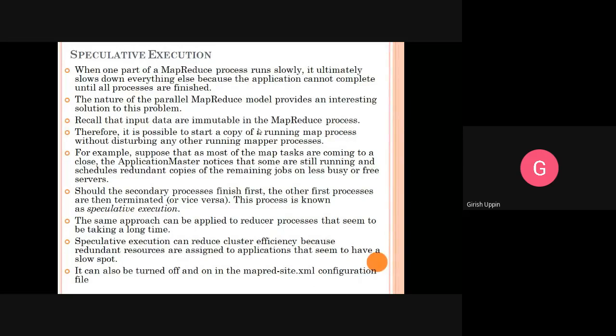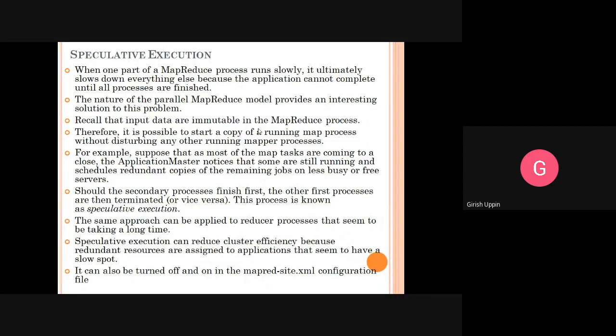The solution used here is, if we find certain processes running slow, we can always start another redundant process which is exactly similar to the slower process. Suppose that as most of the map tasks are coming to a close, the application master notices some are still running and schedules redundant copies of the remaining jobs on less busy or free servers.